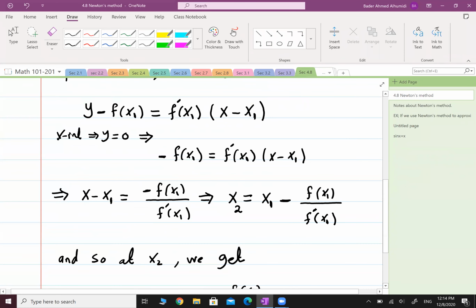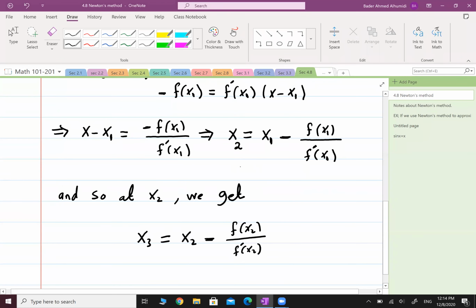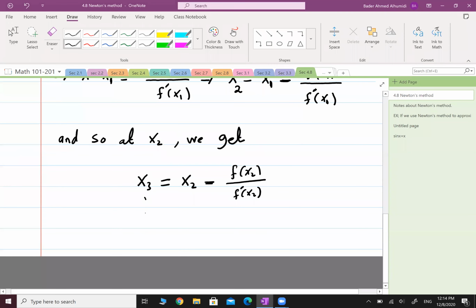This first one is called the initial guess x1. This one is called the second approximation in Newton's method. This one is called the third approximation. x4 will be x3 minus f of x3 over f prime of x3.